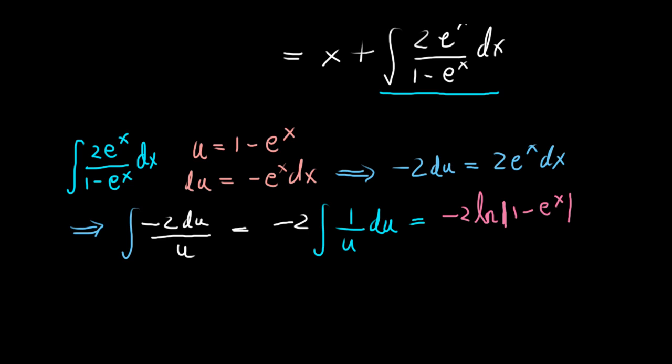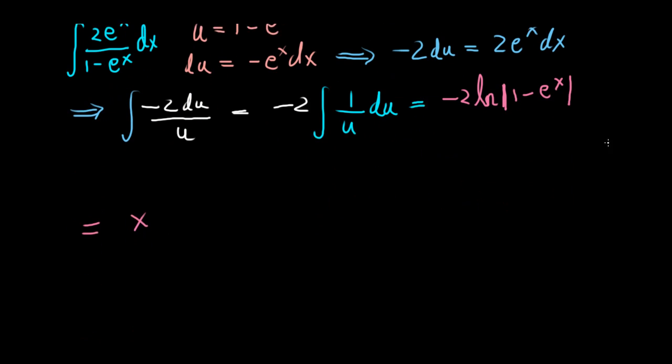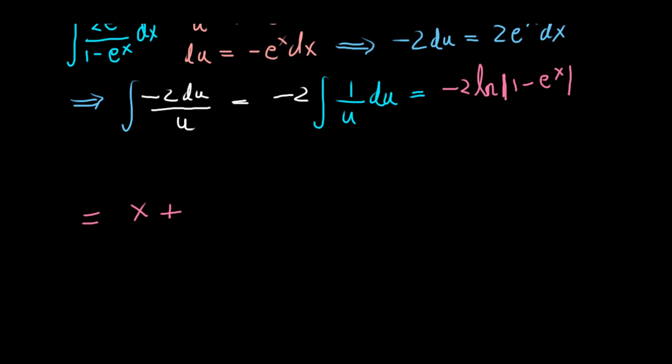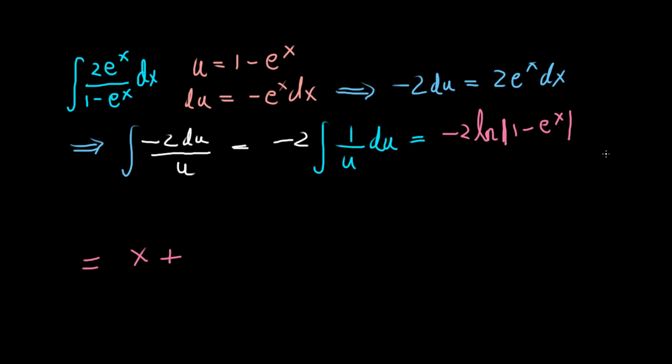The final answer to our problem is x plus the integral of 2e to the x over 1 minus e to the x, which we just found, negative 2 times the natural log, and I'll forget about the absolute value, natural log of 1 minus e to the x.